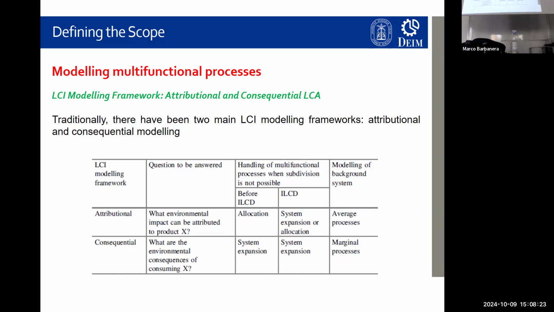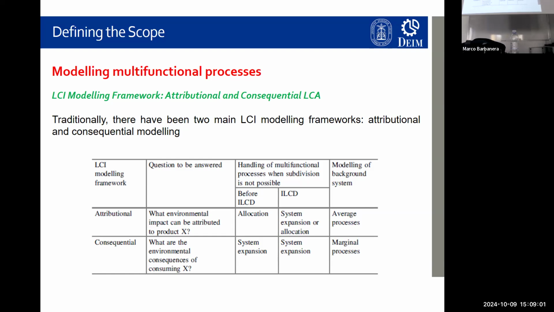In particular, as regards how we intend to model the background data. We have said in the previous lessons that in the LCIA we define two different kinds of data. Primary data to model the foreground system, and secondary data from databases to model the background system.